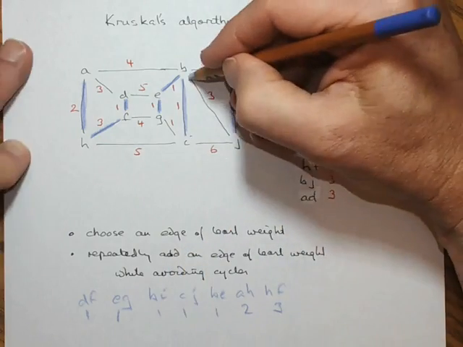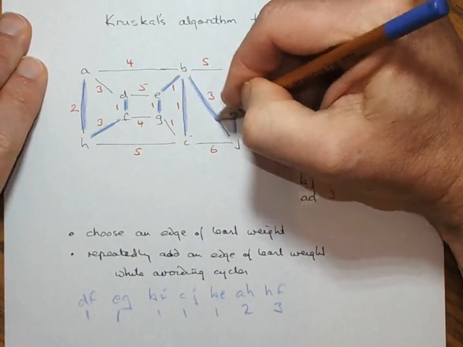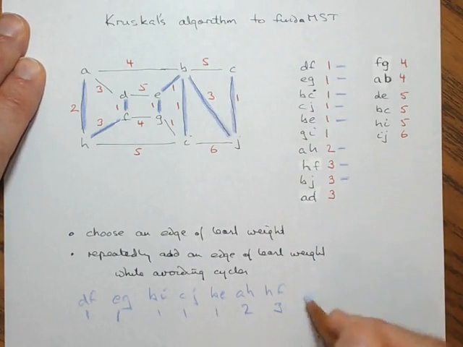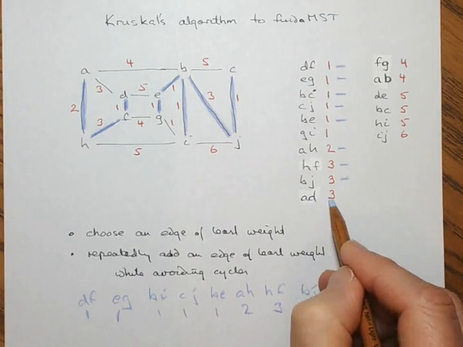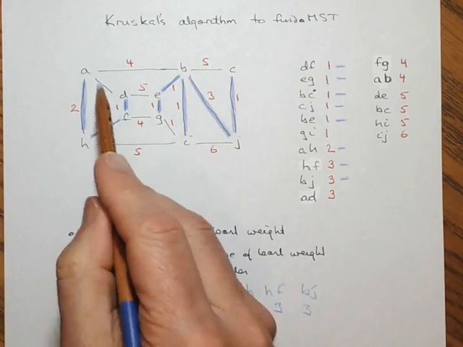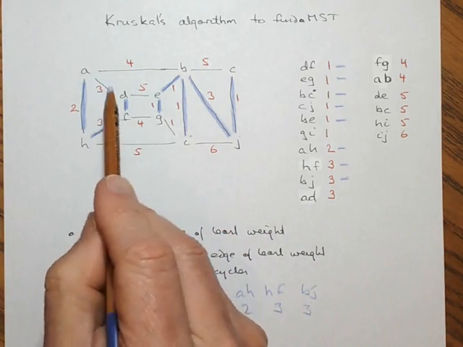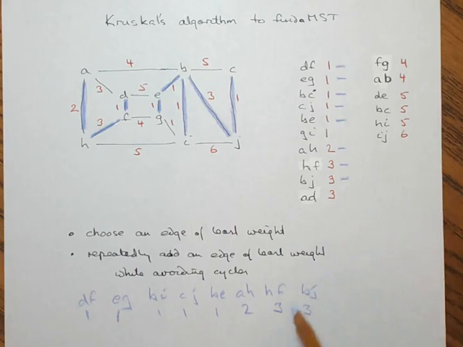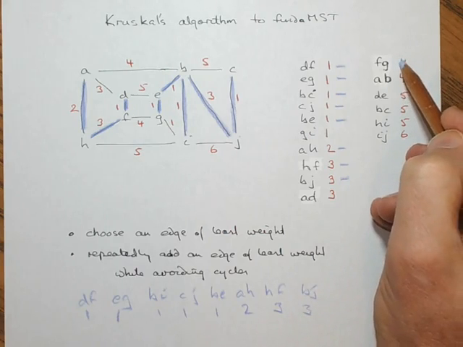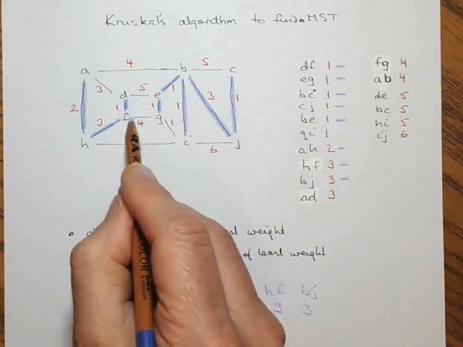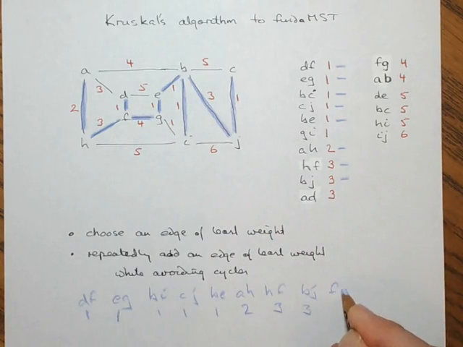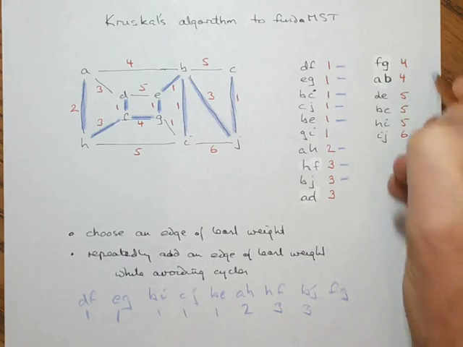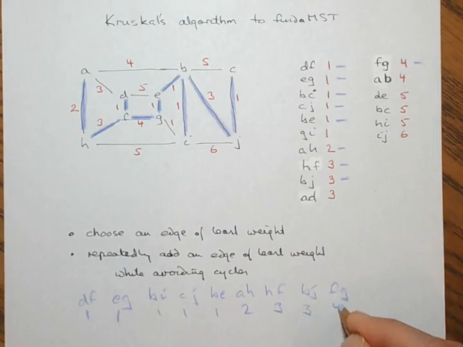No cycle was created. That's worth 3. A to D. No, that would create a cycle, so we'll skip over that. F to G. Yes, we can add that in. That just goes in there. And that was worth 4.